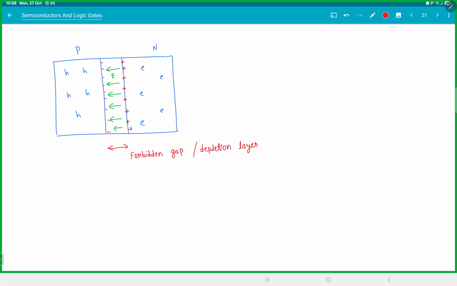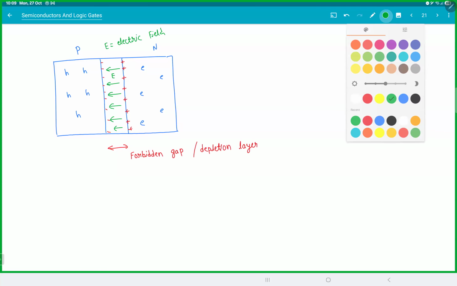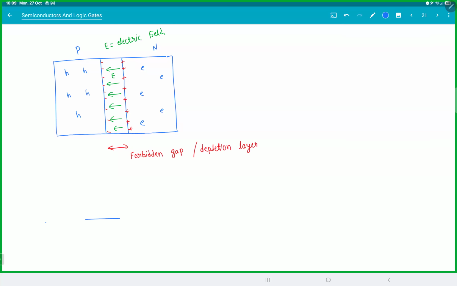Now if you have an electric field, what will happen? Then there will be a potential difference. So the induced charges will create a potential difference. If you try to plot a graph, now understand, where is the electric field? Only in the forbidden gap, right? There is no electric field on the P side, there's no electric field on the N side.